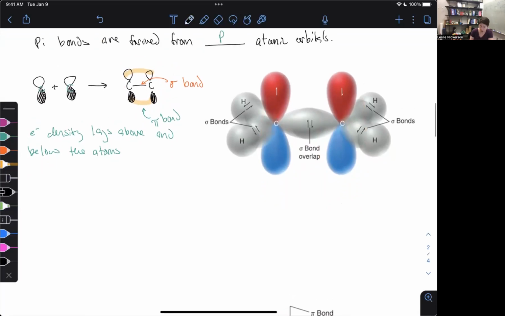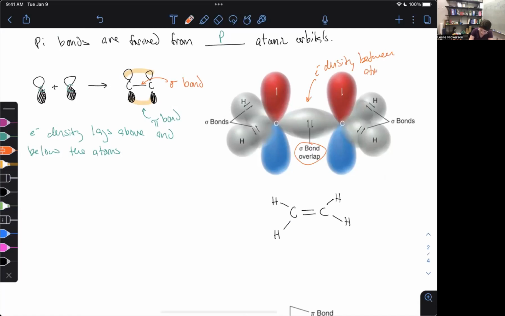Okay, so if we look at this, which is ethene, this is all of the orbitals that are present in this molecule. So we've got the sigma bond here with the electron density between. We've got the pi bond here with electron density above and below.